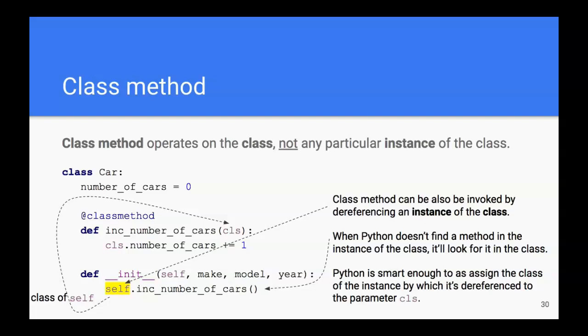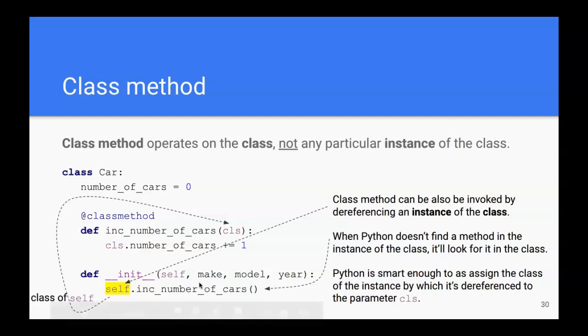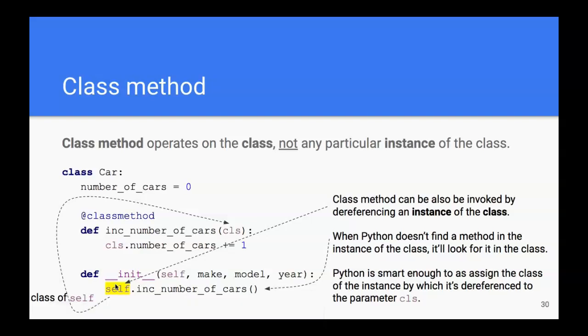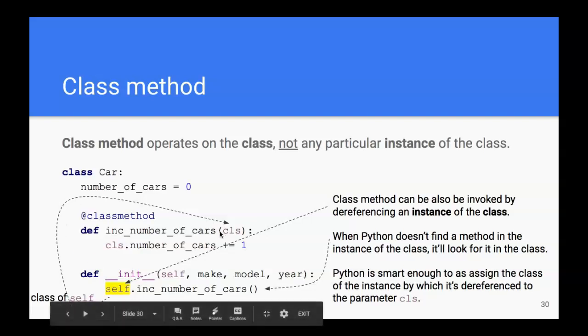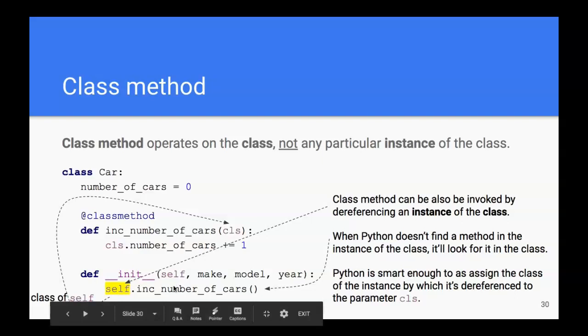Now, if it doesn't find a particular method in the instance, it will look for it in the class, right? And in this case, the class of self is Car, and the class Car has this method called increment number of cars. So that's how it's able to invoke a class method through an instance.